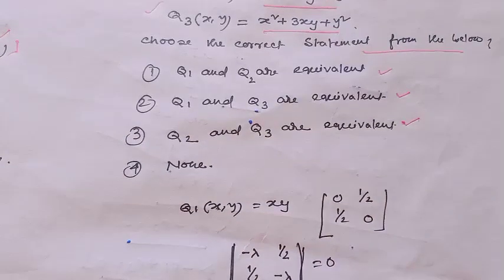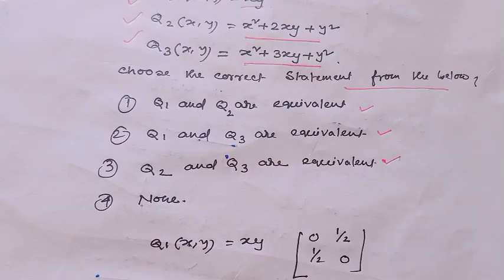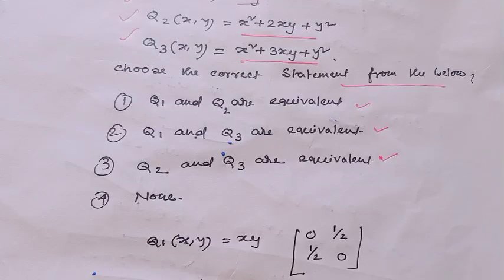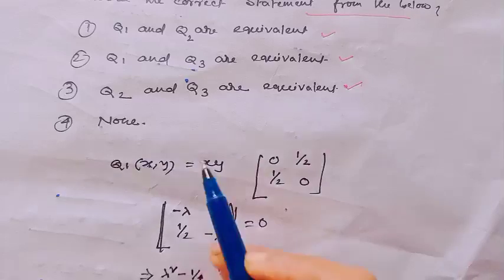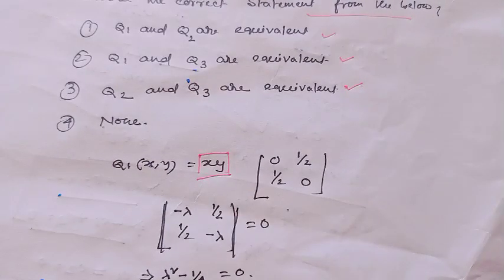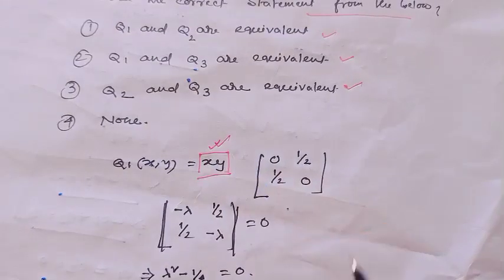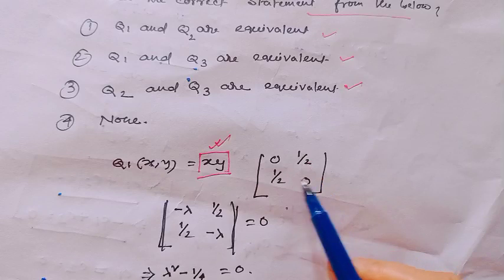For this, I will just use Sylvester's criterion to find whether these quadratic forms are equivalent or not. For this, consider q1(x, y) equal to xy. And with this quadratic form, we can associate one matrix: 0, half, half, 0.